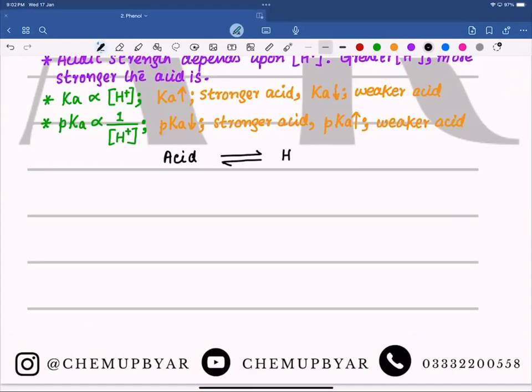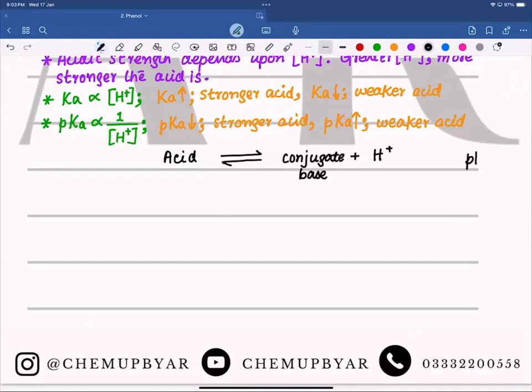Acid produces a hydrogen ion, right? And the negative ion, which is basically the conjugate base, isn't it? Yes, sir.